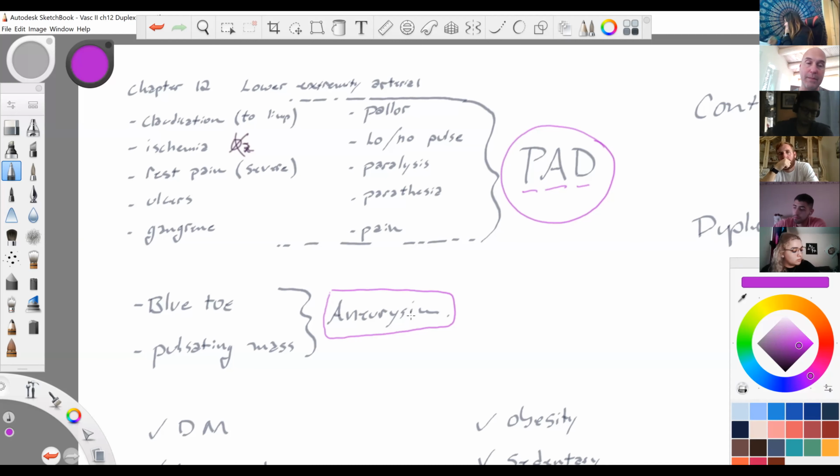That embolism probably comes from an aneurysm. The other thing is if the doctor feels behind the knee and finds a pulsating mass, it could be a popliteal aneurysm. So those are some of the indications as to why we're doing this.